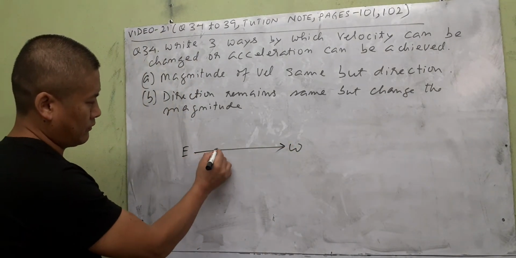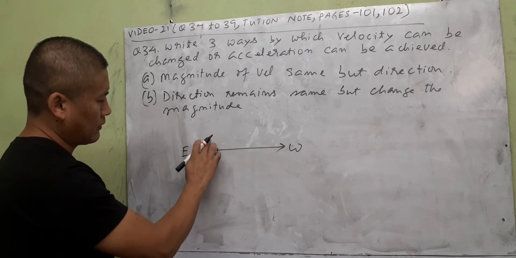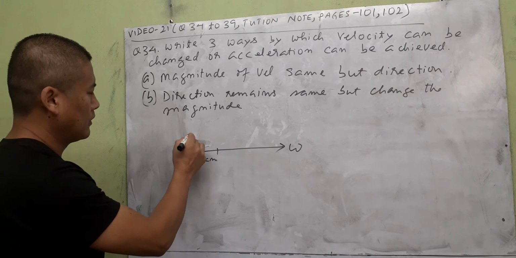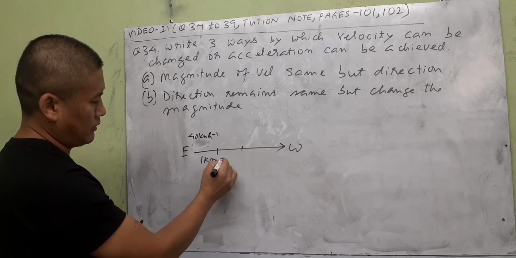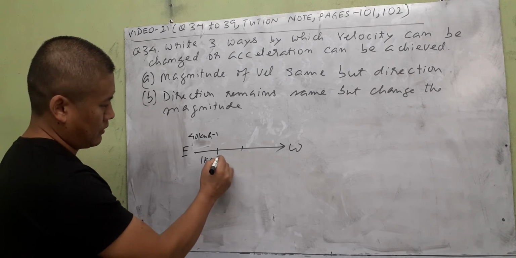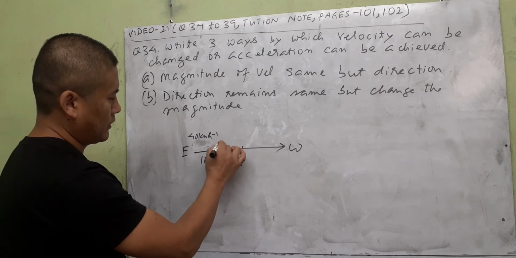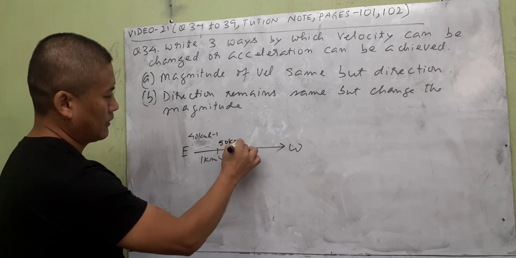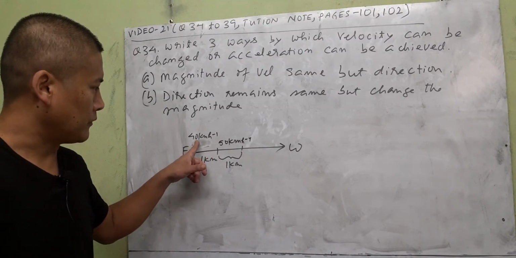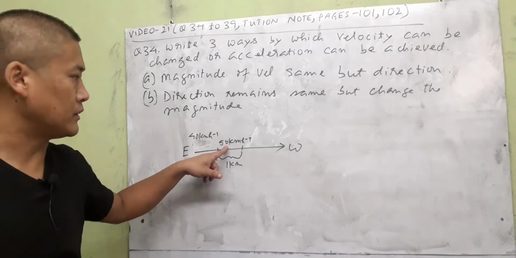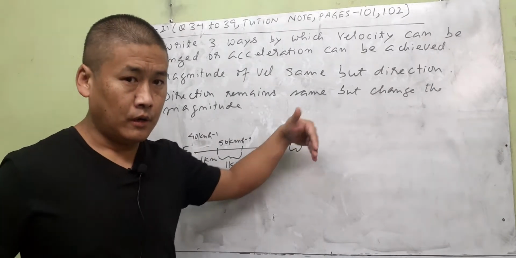From here to here, 1 kilometer, it is moving with a velocity of 40 kilometer per hour. Then from here to here, another 1 kilometer, same distance, it is moving with 50 kilometer per hour. So you can see that the magnitude is changing from 40, but the direction is remaining same, like it is still going towards the same westward direction.